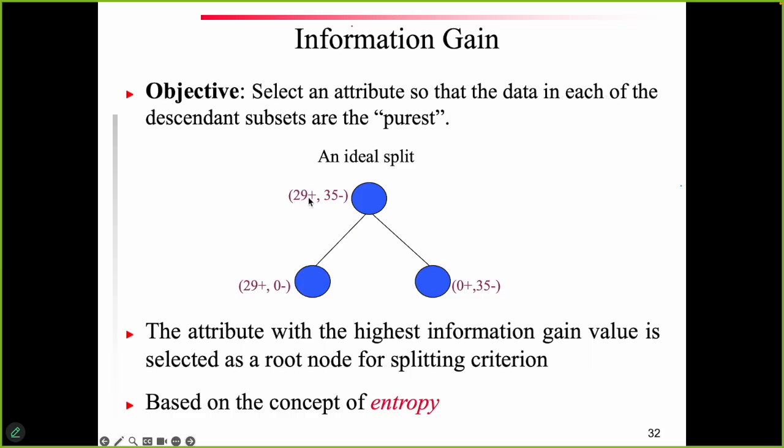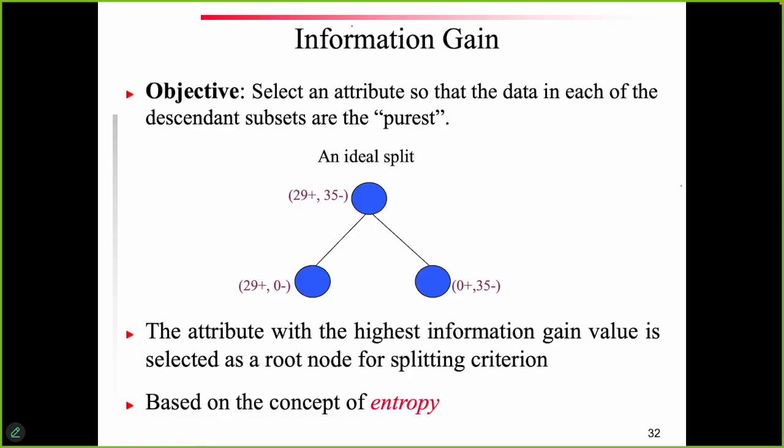Because 29 out of 29 cases belong to class yes, and 35 belong to class no, based on, for example, this attribute A, or outlook, temperature, anything. An ideal split would be 29 yes and 0 no on one side, and 0 yes and 35 no on the other. So this is what you want, an ideal split.